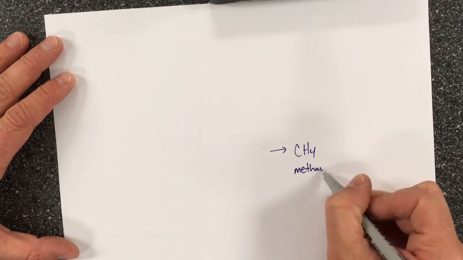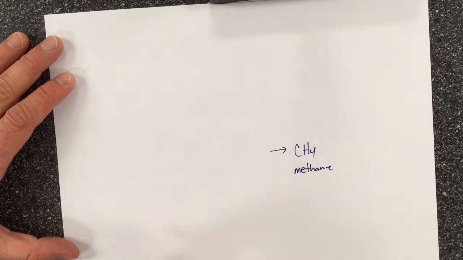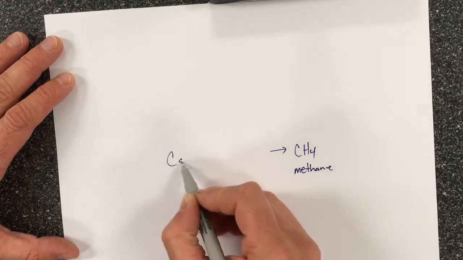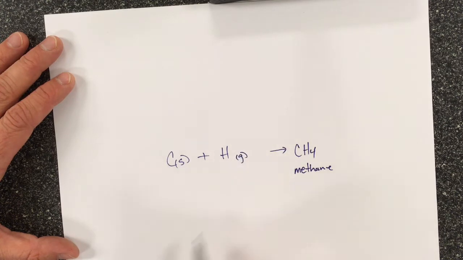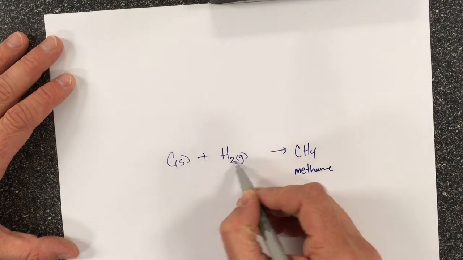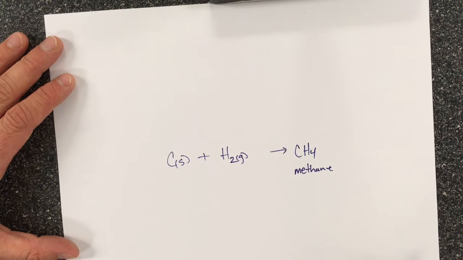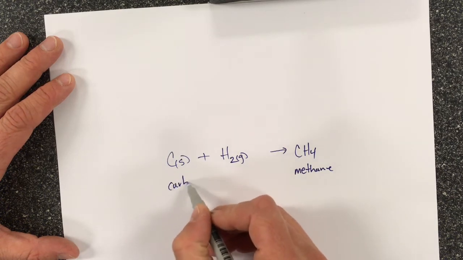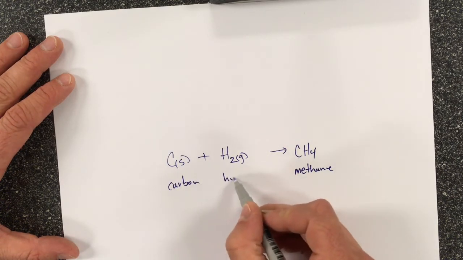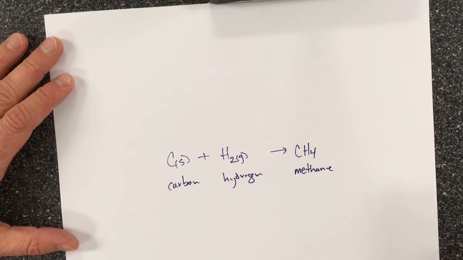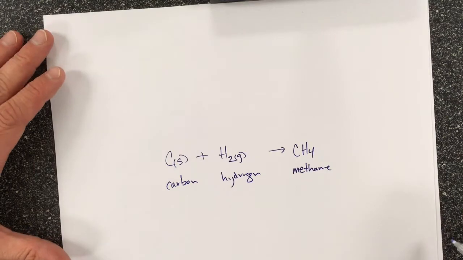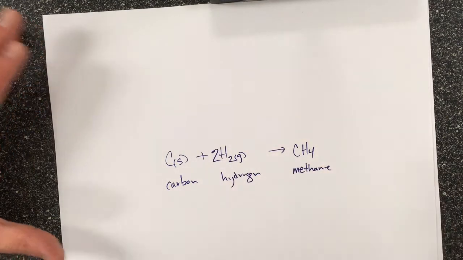That's a molecular compound. Carbon is a nonmetal and hydrogen is a nonmetal. It would be made from carbon solid and hydrogen gas. But hydrogen gas, when it's by itself, is a diatomic element. So this will be carbon, the element, plus hydrogen, and hydrogen is a diatomic molecular element. And then to balance it, I'm going to need two of these.